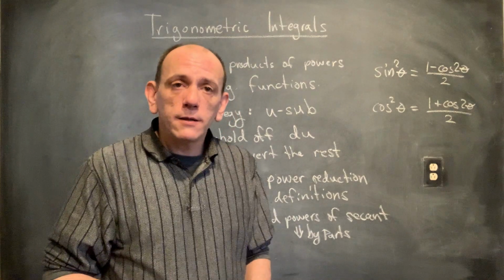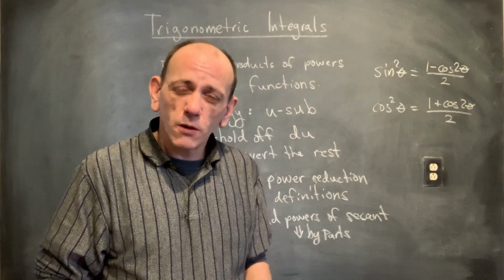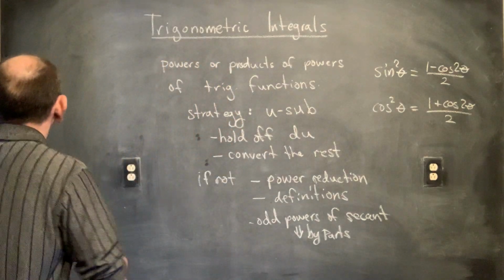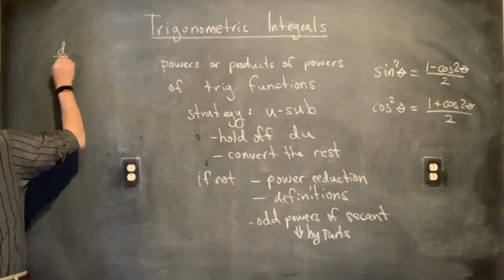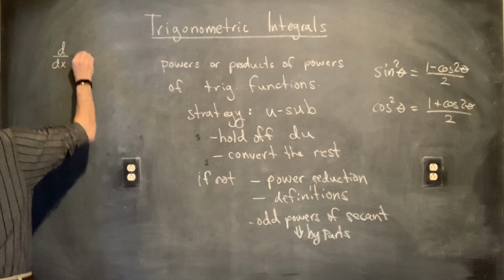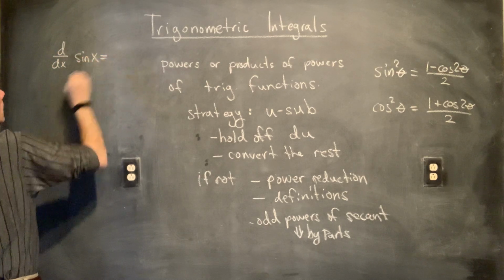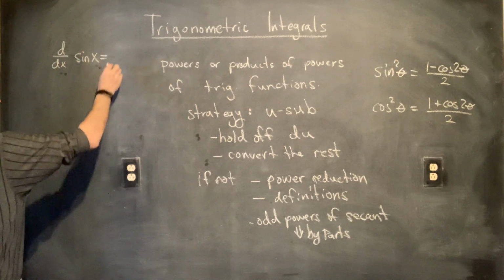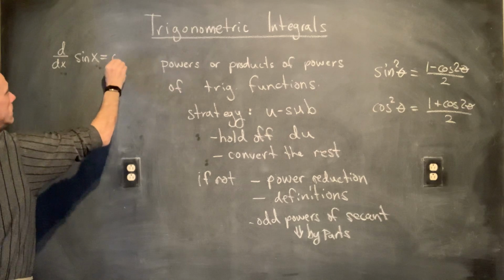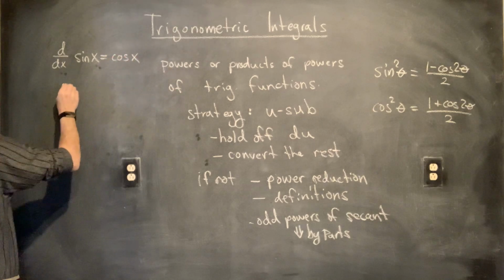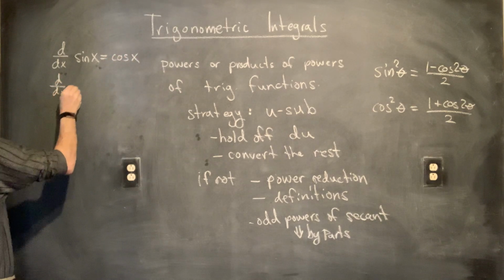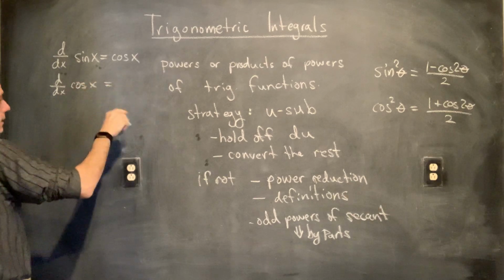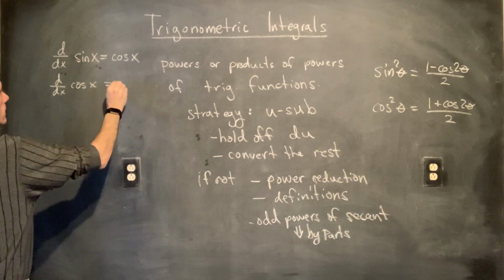Other useful tools that we'll be using often for these: the derivative with respect to x of sine is cosine. I'm switching between x's and theta, sorry. The derivative of the cosine is negative sine.